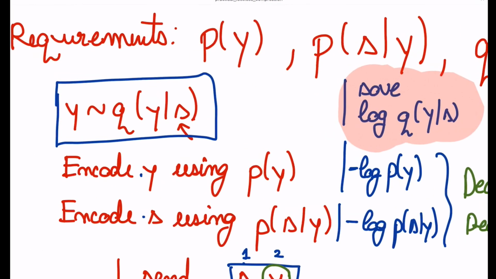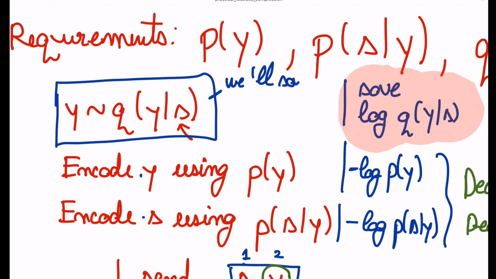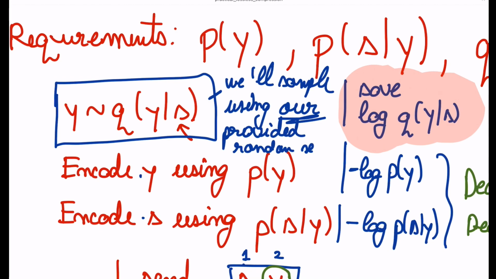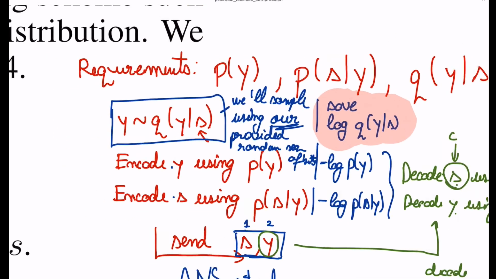So instead of randomly sampling, we'll sample using our provided random sequence of bits. So now this is something like a pseudo sampling.